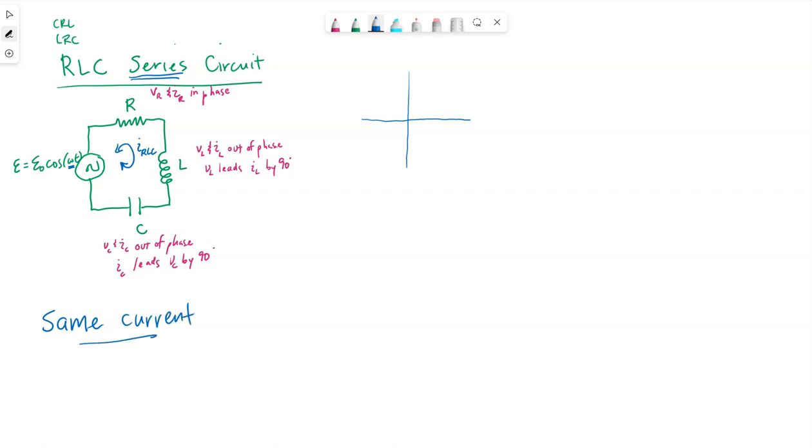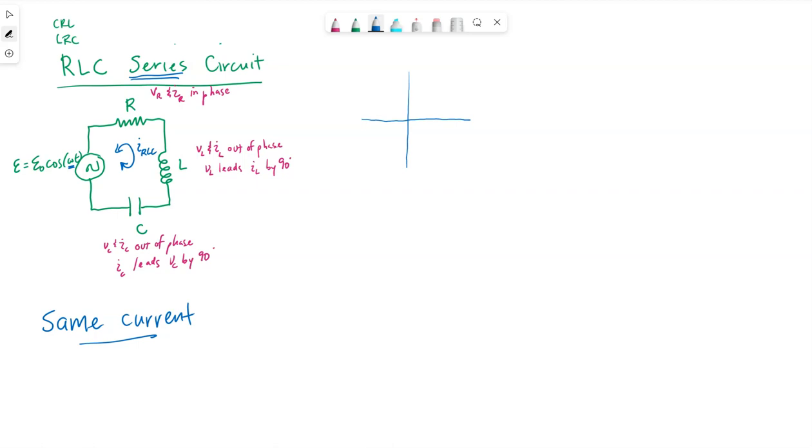And that's because there are no additional paths. There are no branches where some current can go along one branch and the rest can go through a second branch. Knowing this, I am going to draw my current phasor first, because I know the current everywhere in this circuit has to have the same value at any one moment in time.